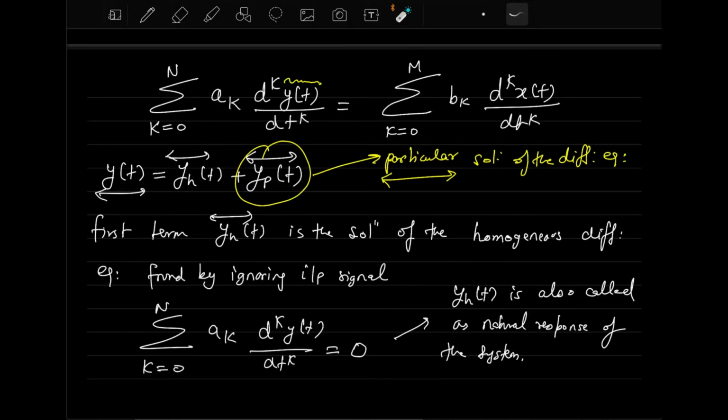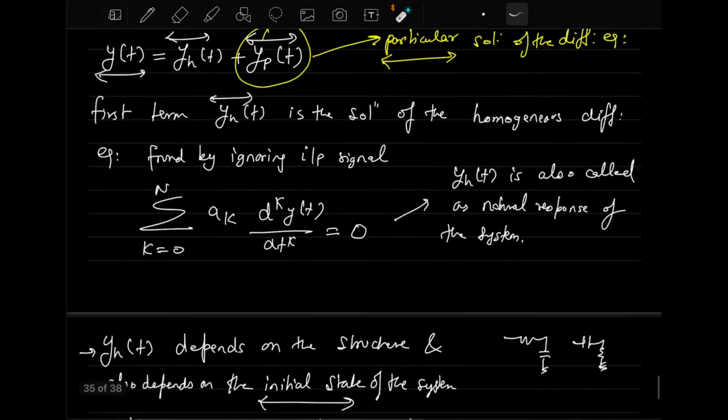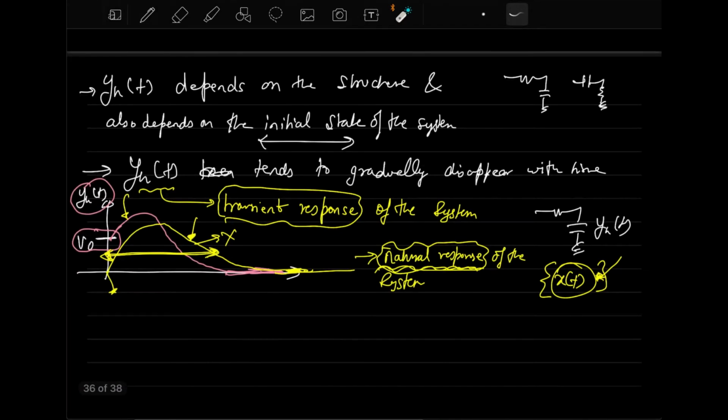So the solution that we will be getting here is denoted by y_h(t). Now I already told you that the transient response that comes will go down after a while. So it will not remain always, it will die down after some time, and that is because there is no input excitation given to the system.